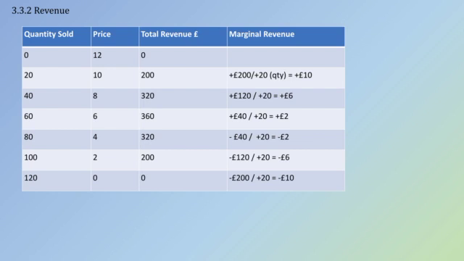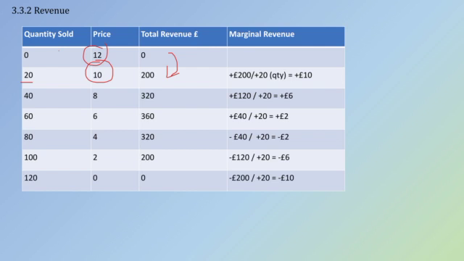Okay, here's a table which shows you how the total and the marginal are related. So basically, if we had a price of 12, then we sold nothing, dropped my price to 10, and I suddenly sell 20. So the total revenue has literally gone up by £200.